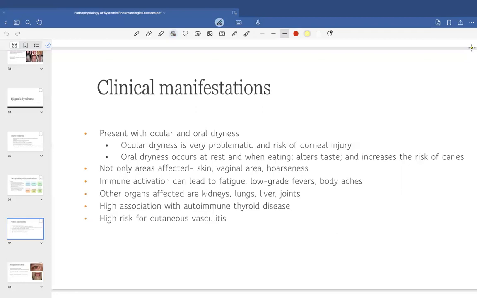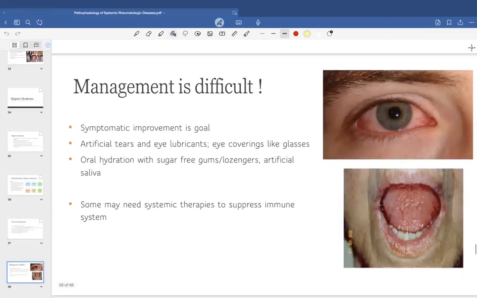So you just have to keep it in mind with your thyroid patients or Sjogren's patients. There's also a high risk for cutaneous vasculitis. It's very difficult to manage these patients, although they do have some newer treatments, which are helping significantly.